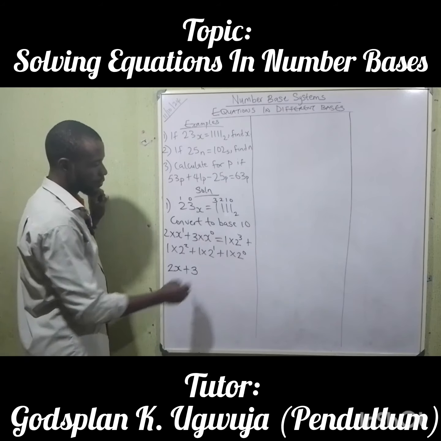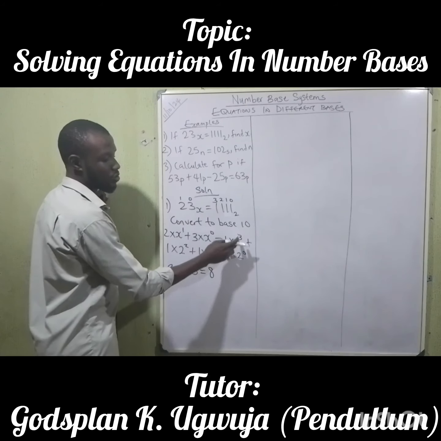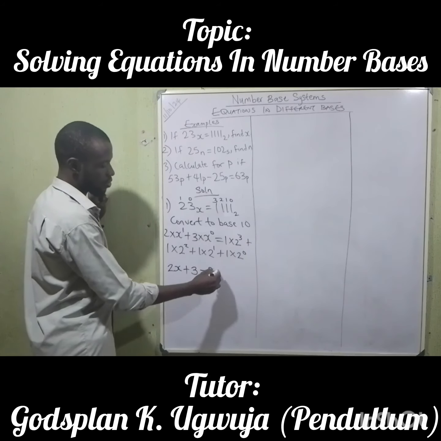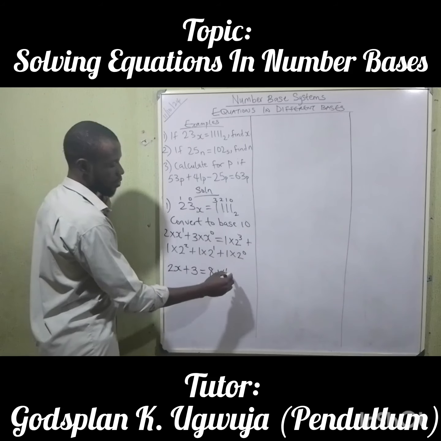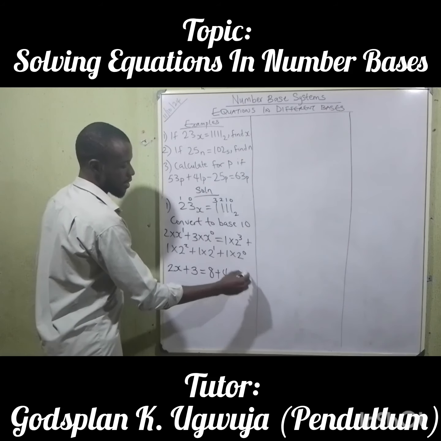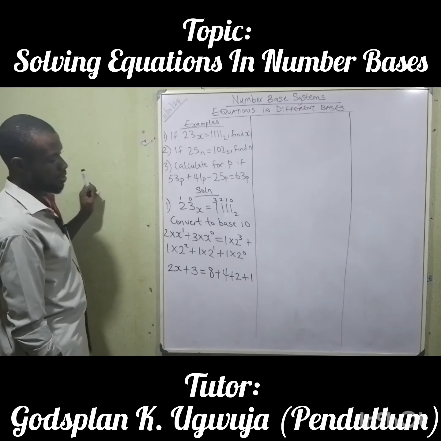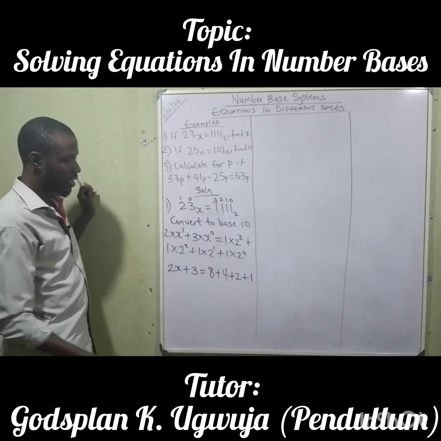Okay, then on this other side we have 2 raised to the power 3 is 8. 2 times 2 times 2, 8 times 1 is still 8. 2 raised to the power 2 is 4. 2 raised to the power 1 is 2. And I just told you anything raised to the power 0 is 1. So you have this, which is a very simple linear equation.